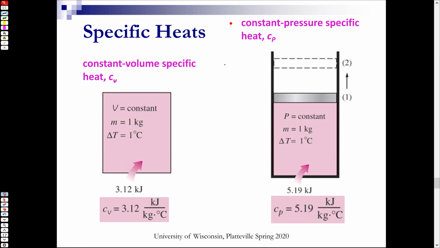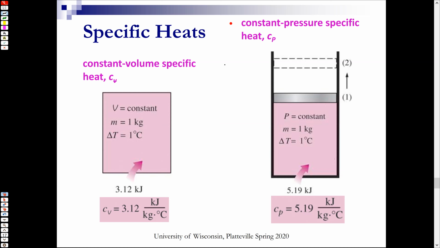The other test that we can do is similar, except that instead of a constant volume tank, we use a constant pressure piston cylinder. In which case, for the same material, the amount of heat that we consume is obviously more. Cp, the constant pressure specific heat, for any material is always more than Cv.